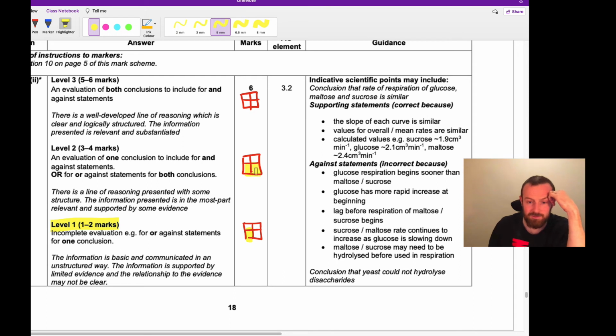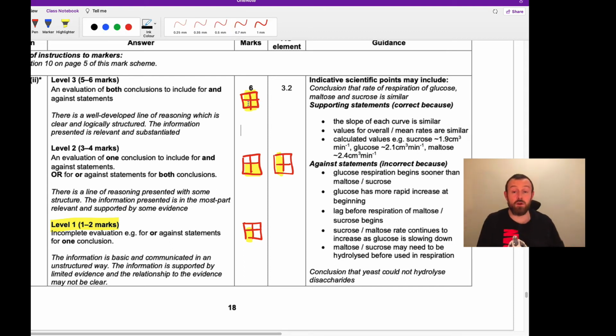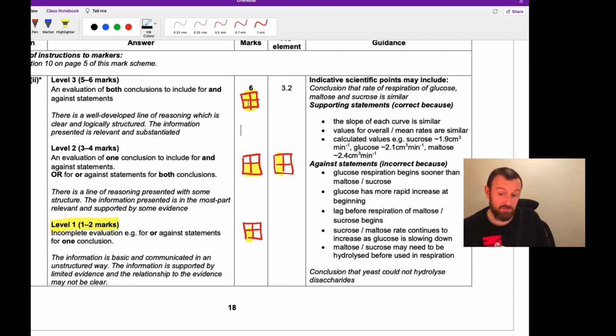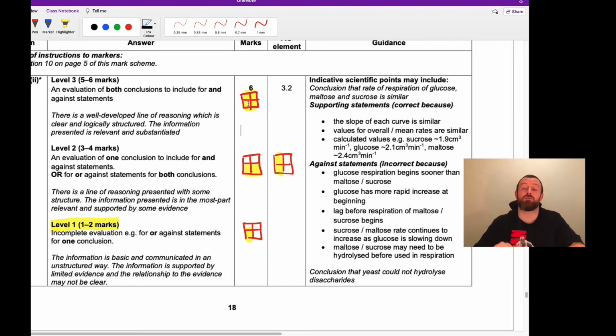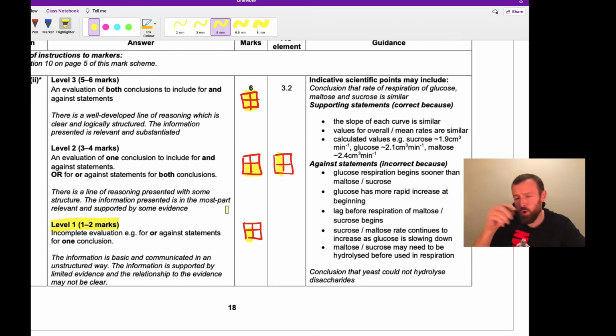Could be this way, or it could be this way, if you see what I mean, okay? And 5 or 6, you need to cover each grid square. So if you do that grid method of planning, you're going to stop yourself from focusing too much on one corner of your grid, and you're going to enable yourself to get 6 marks, okay?